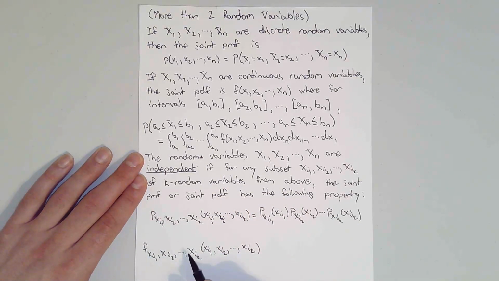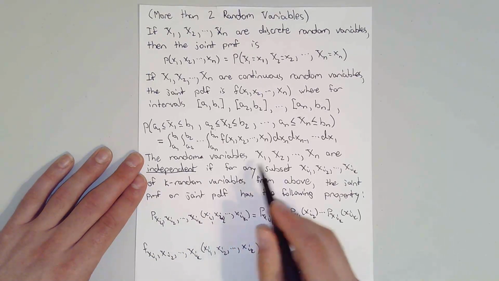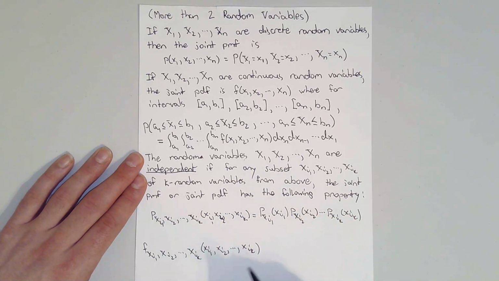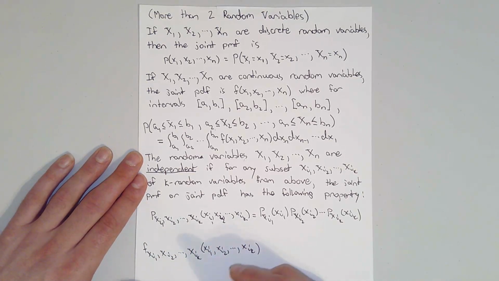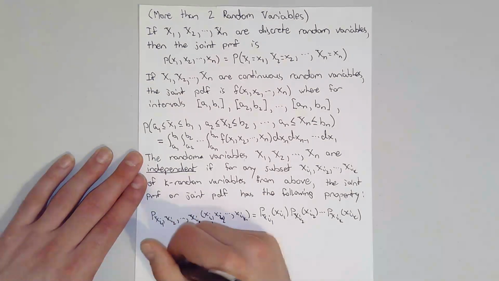then the joint PDF of those k random variables from above, so this subset of k random variables, is going to be a function of k arguments, and the notation is mimicking the notation from above here. This is going to be equal to the product of their marginal PDFs.